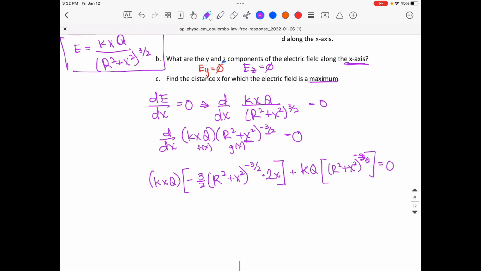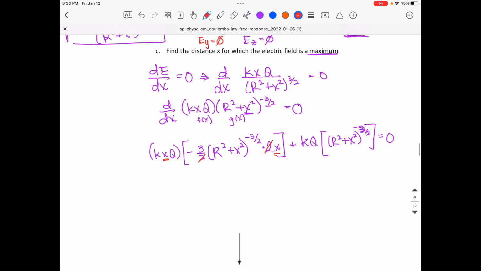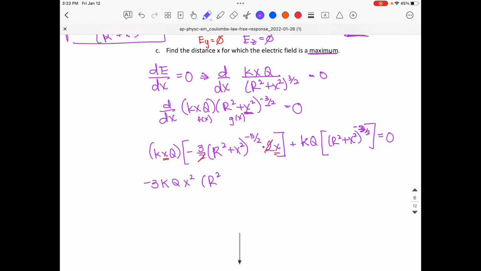Okay, so let's start simplifying things. I have this 2 down here and this 2 up here canceled out. I have an x and an x, which is squared, and I get the negative 3 as my constant: negative 3kq x squared times r squared plus x squared to the negative 5/2, plus kq times r squared plus x squared to the negative 3/2, equals 0.